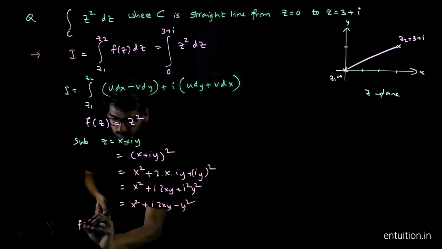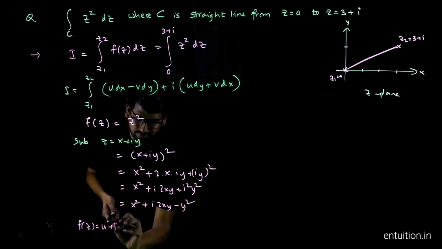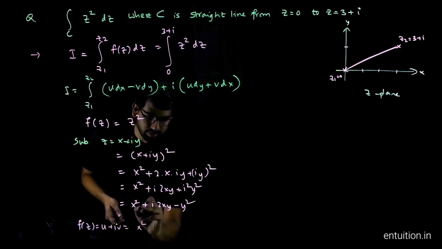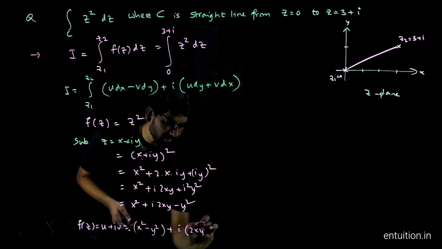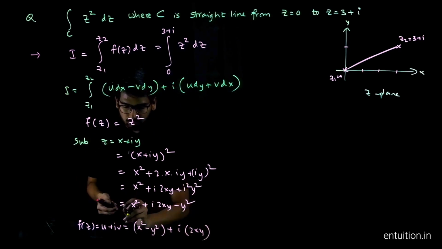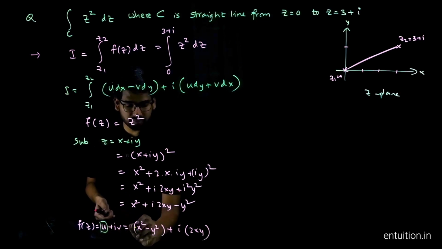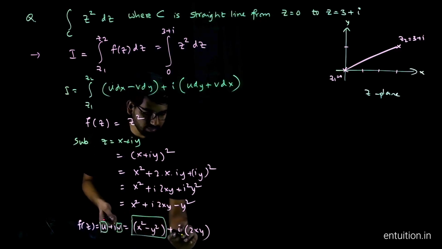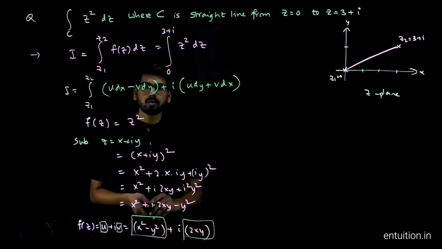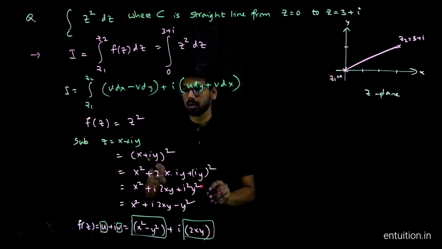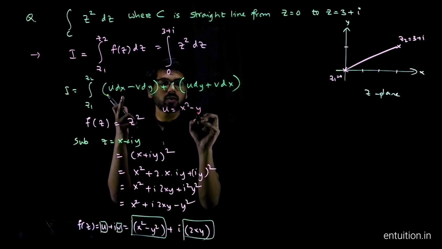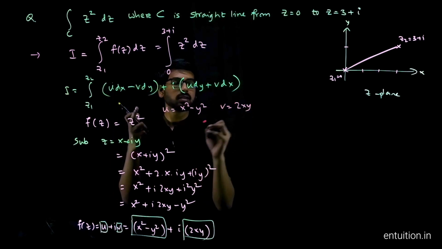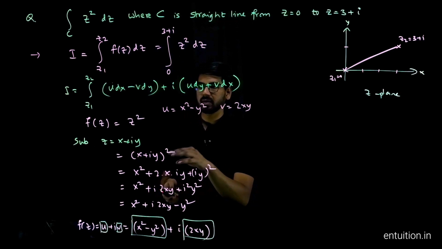So f of z, or u plus iv, is x square minus y square plus i times 2xy. So the real part u is x square minus y square and the imaginary part v is 2xy. Let me make some space and we'll continue.